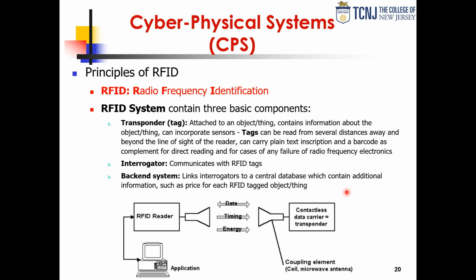And what you get from the reader on the other side, which is normally attached to some type of host computer that runs the whole application, you get first energy, you get timing, so the transaction can be controlled, or timing and command, and then you get data back and forth. You can basically communicate with RFID tags.